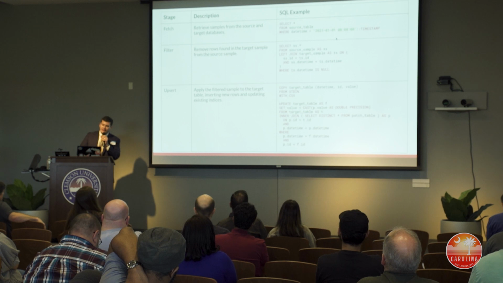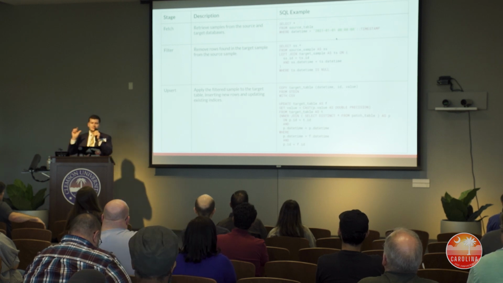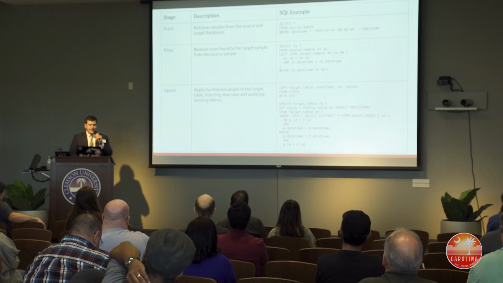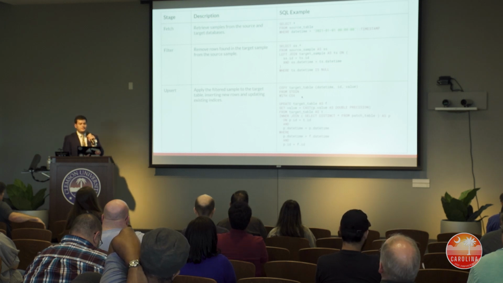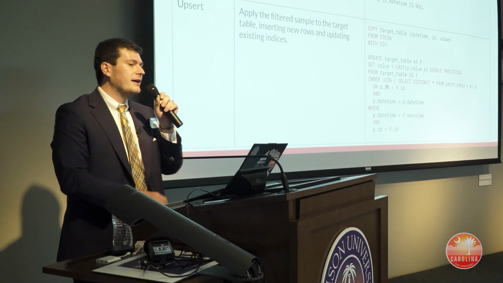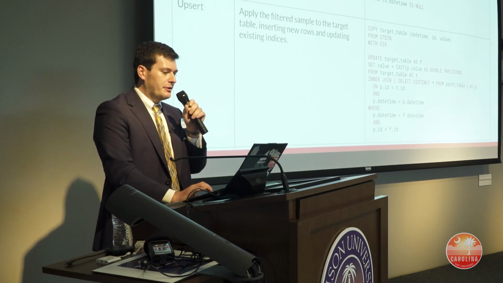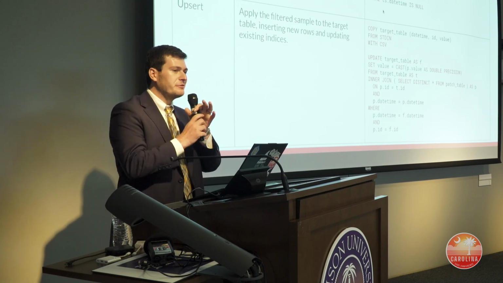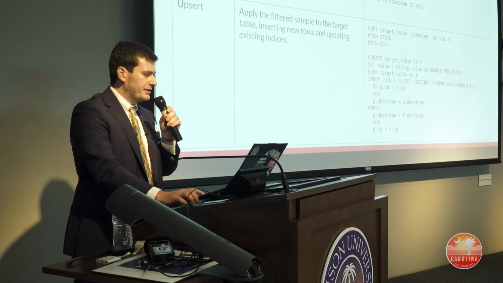The filter step is filtering out the duplicates and determining the delta, so which rows have either changed or are net new. And then finally, the upsert stage is either straight up inserting the new rows or applying the updated rows based on the indices. And yes, if you're not familiar with SQL, don't worry, this applies to most databases generally speaking.